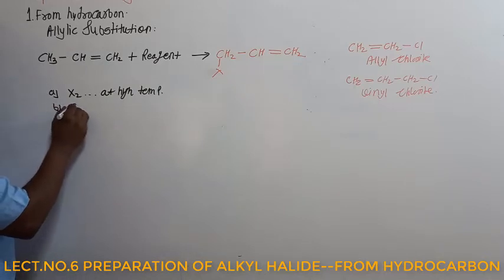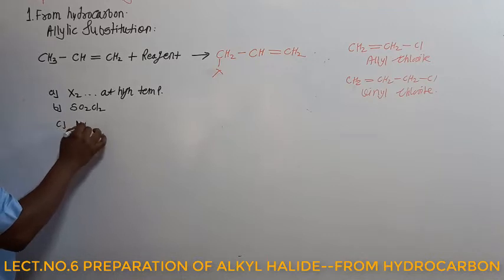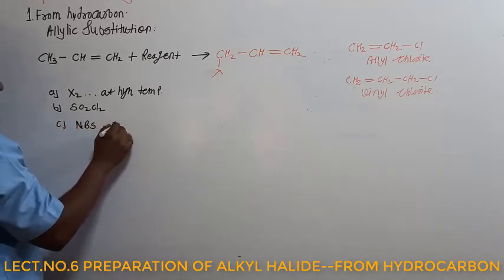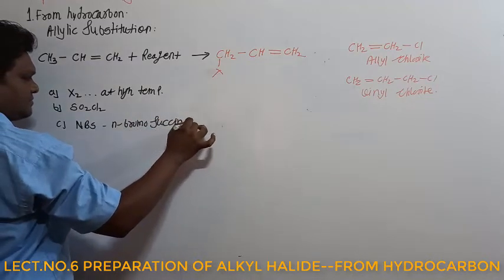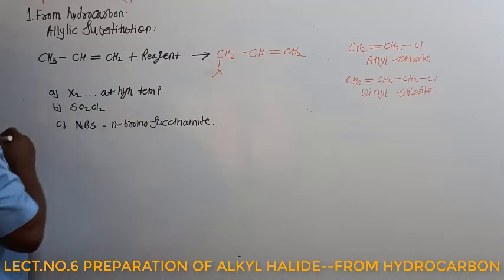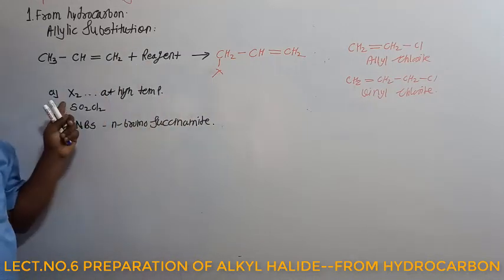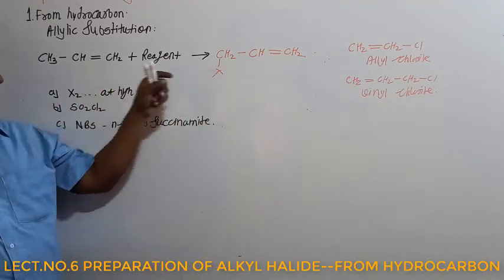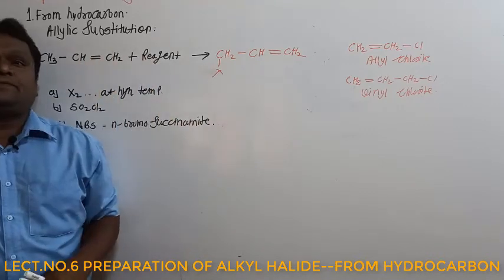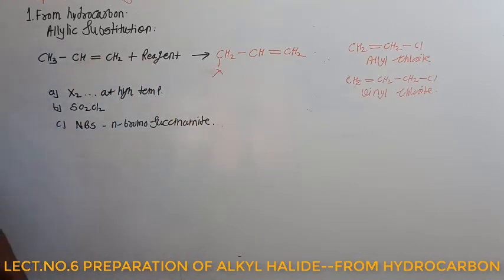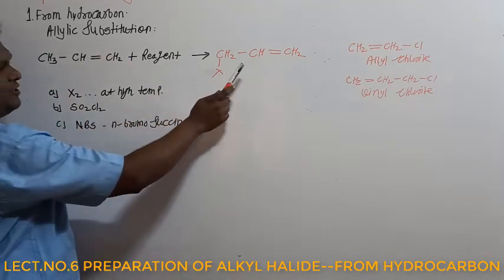You can use sulfuryl chloride SO2Cl2, or you can use NBS, which is called N-bromosuccinimide. Depending on X, if you use Cl2 you will definitely get Cl here. If you use bromine, you will get Br. If iodine, you will get iodine. So this is called allylic substitution. A hydrogen atom is replaced by that halogen atom, and you will get this compound.